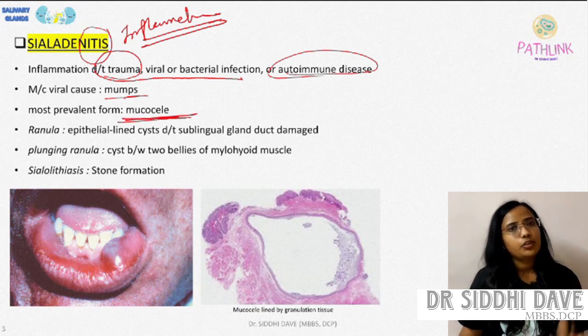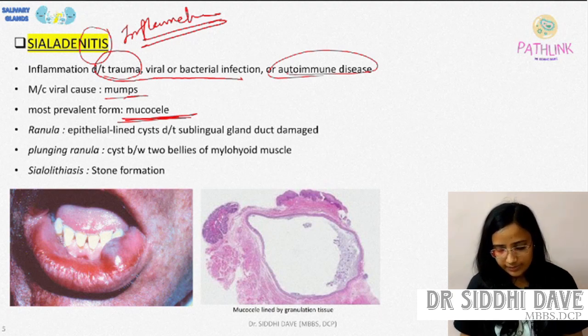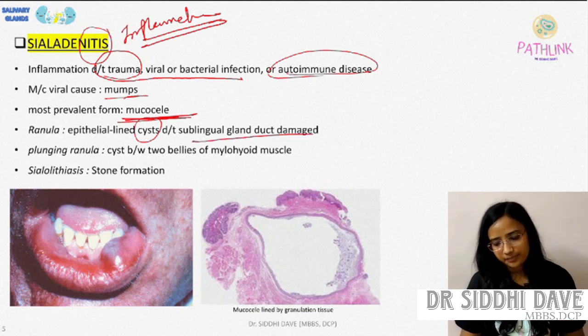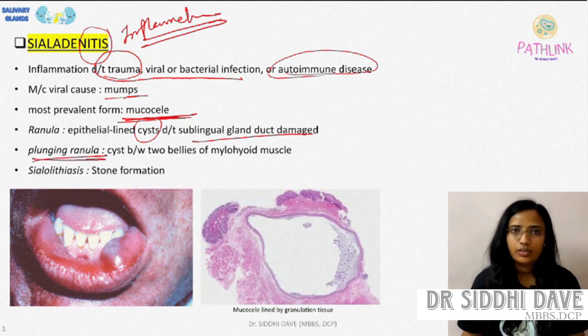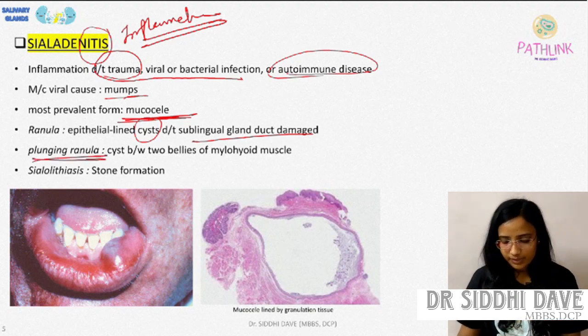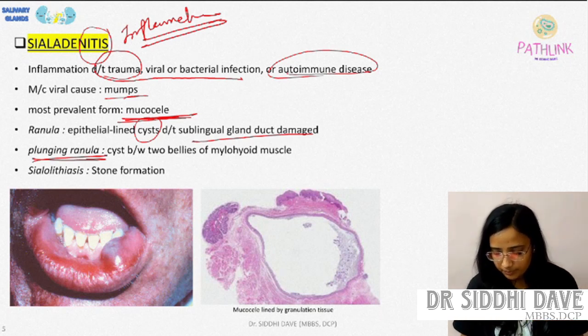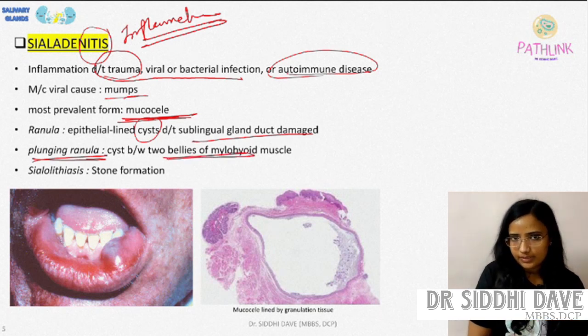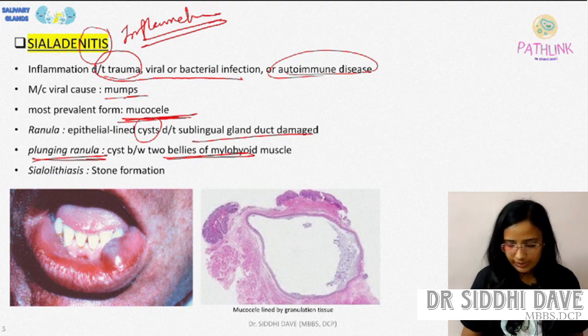Then what is ranula? Ranula is basically a cyst, lined by epithelium, due to sublingual gland duct obstruction. Then what is plunging ranula? Plunging ranula is nothing but the cyst between the two bellies of the mylohyoid muscle. Then sialolithiasis.